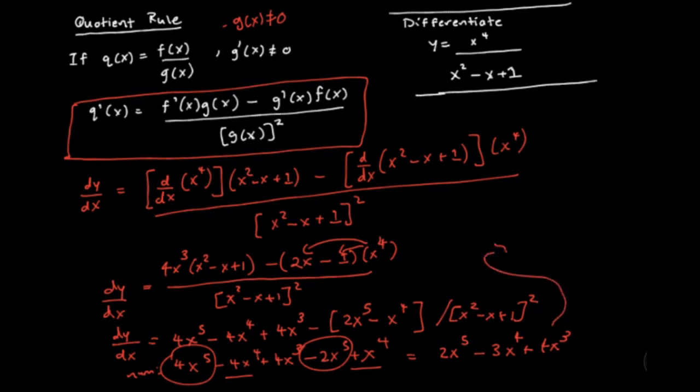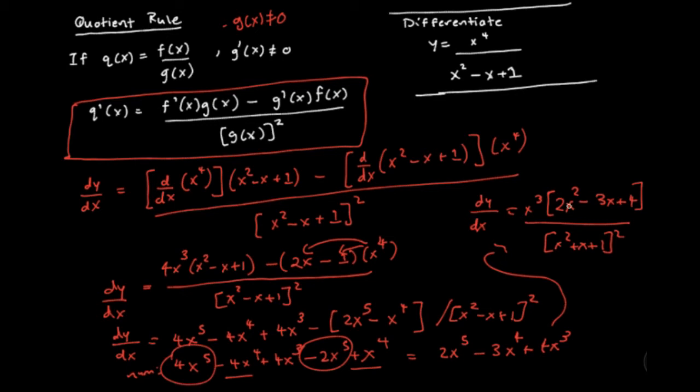So you can rewrite this guy, dy over dx is equal to, and what you could do here is you could factor out the x cubed. You get 2x squared minus 3x plus 4, and this is over x squared minus x plus 1 squared.